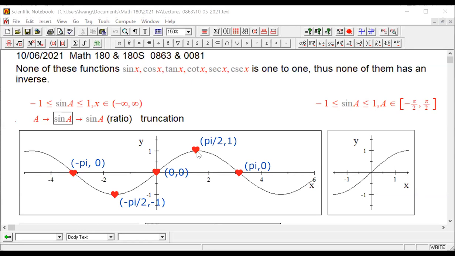What's been chopped off? From this point, pi over 2, input pi over 2, output 1, which is a ratio, everything beyond pi over 2 is being chopped off.